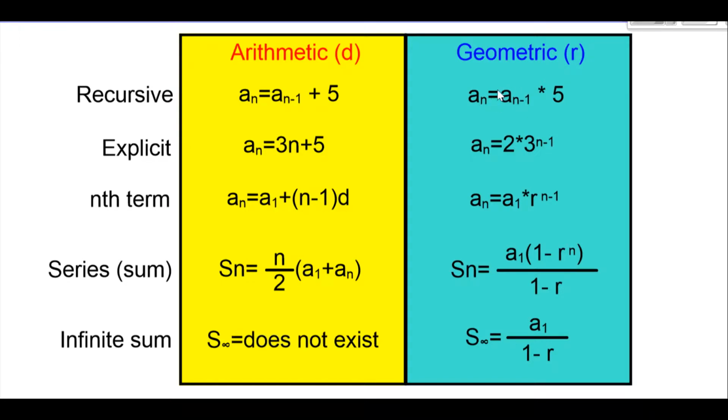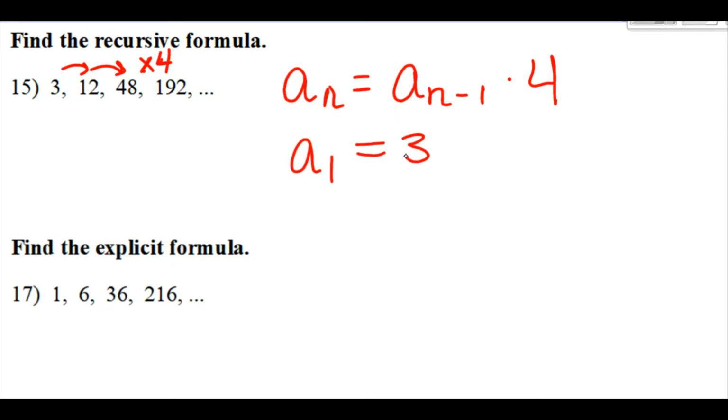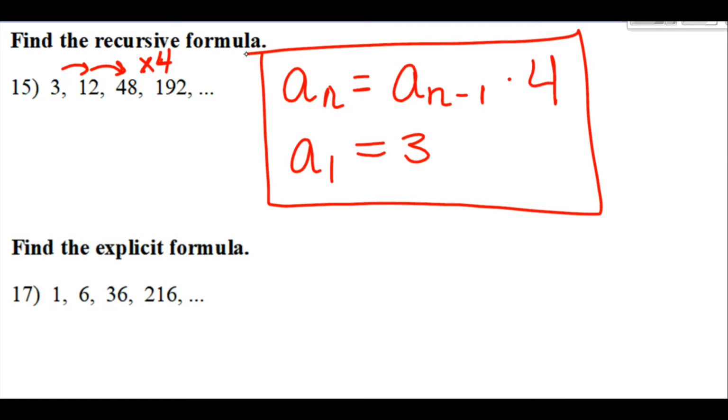You take the previous term times the number. Previous term, in this case, times, no, not negative 4, just times 4. Like that. And then don't forget what we started with. We started at a1 equals 3.